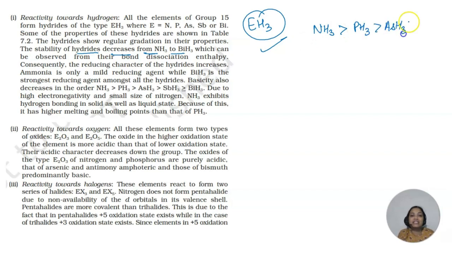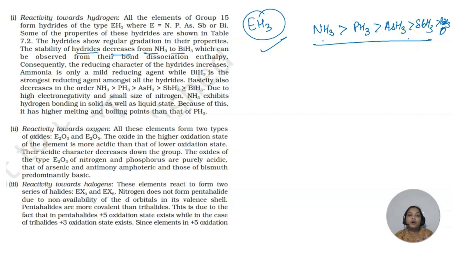Because the size of the atom increases, so the bonding between the element and the hydrogen is not that strong. That is why as we move from nitrogen to bismuth, the stability decreases. And when the stability of the hydrides decreases, the reducing character of the hydrides increases. So you can say ammonia is a mild reducing agent, but BiH3 is the strongest reducing agent.